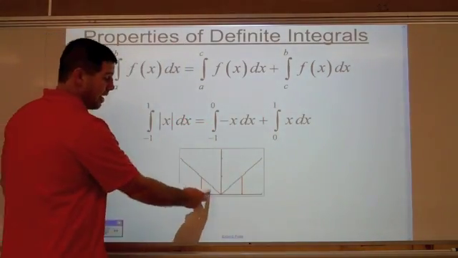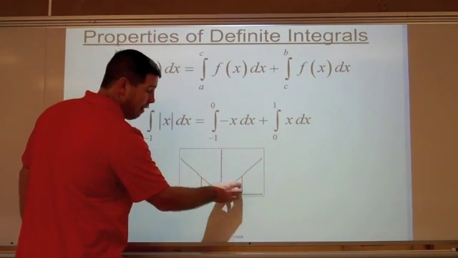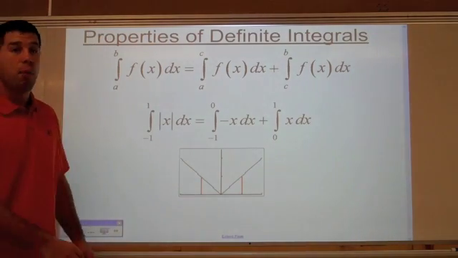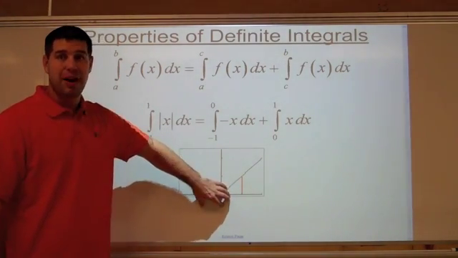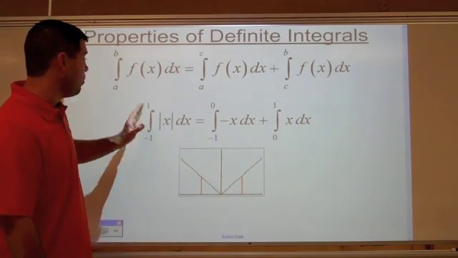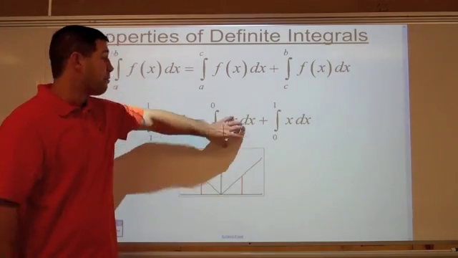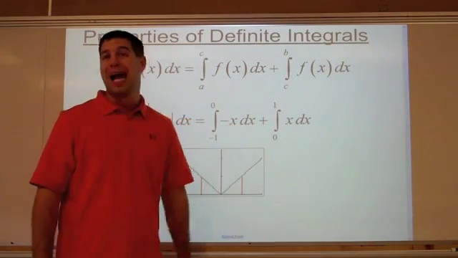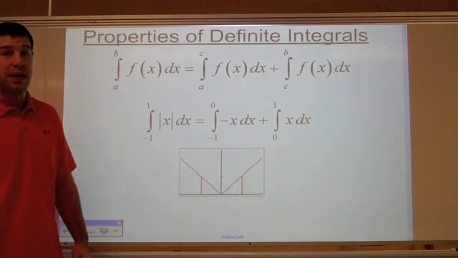And you can see, you would find the area under this curve, 1 by 1 by a half would be a half, 1 by 1 by a half would be another half. So you would have an area of 1 overall. This is just using those geometric formulas, area of a triangle. The main thing to see here is you can split absolute value functions. You can split any definite integral, but absolute value functions are ones where you almost always have to split if that vertex falls between your upper and lower limits of integration.